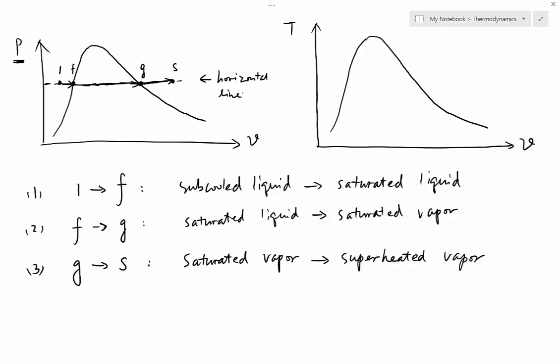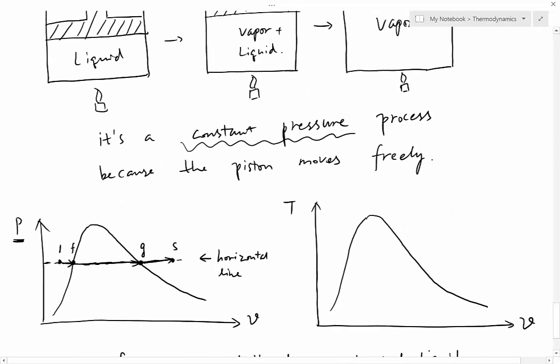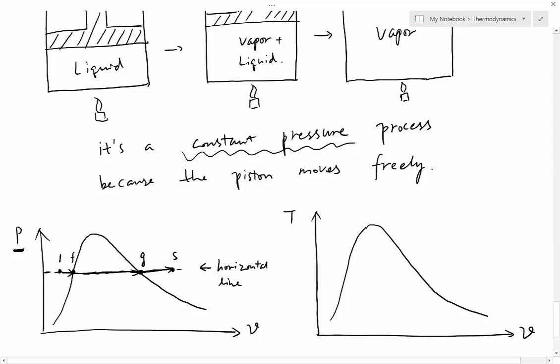Okay, all right, so next one, what we're going to do is to repeat, but this time we're going to sketch everything on a T versus nu diagram. Again, it is a constant pressure process. However, this time my y coordinate is temperature. I don't know how temperature will change. So I need a constant pressure line.